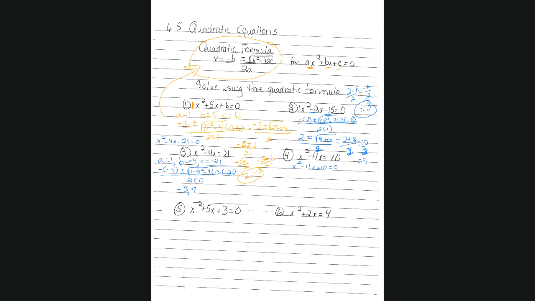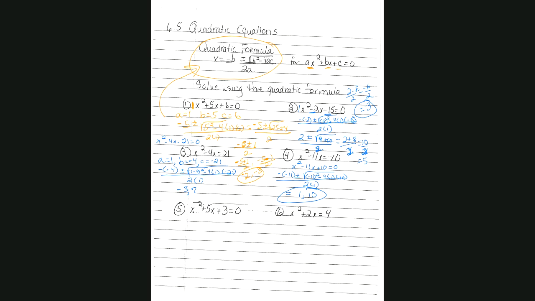So that would be negative of negative 11 plus or minus the square root of B squared, which is negative 11 squared, minus 4 times A, which is 1, times C, which is 10, all over 2 times 1. Now, when you finish solving it, your answer will be 1 and 10. Because plus or minus, remember, you have to do it one way adding, one way subtracting.